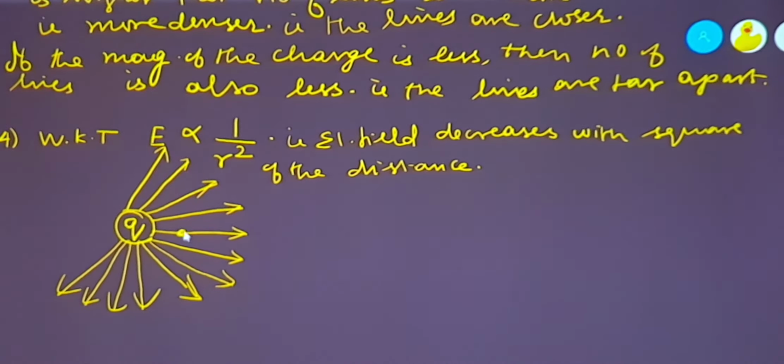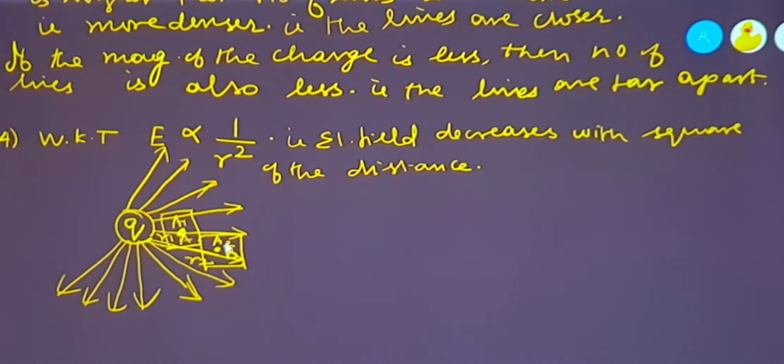One is nearer, at a distance of R1, and another one here, at a distance of R2. At both points I am taking equal areas. So this is area A1 and this is area A2. I can say the first area is A and the second area is B.